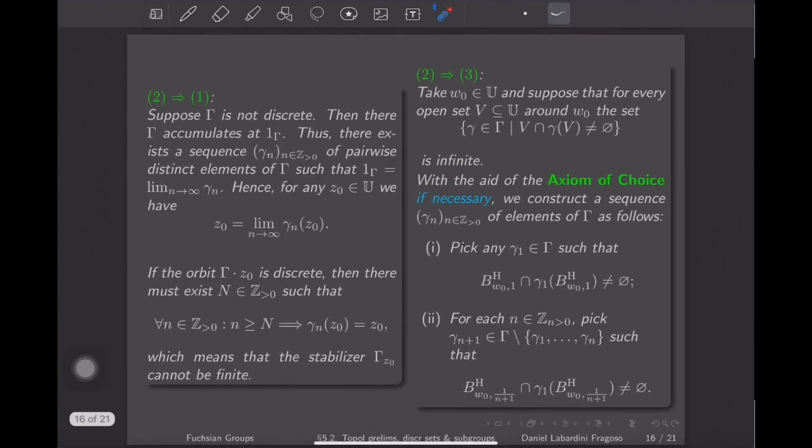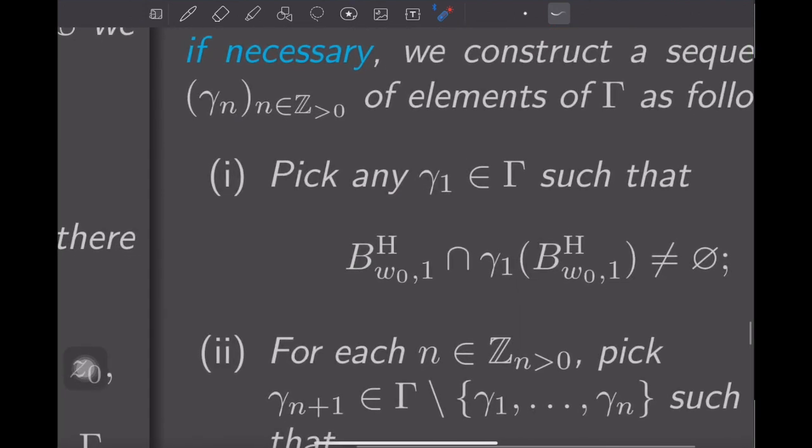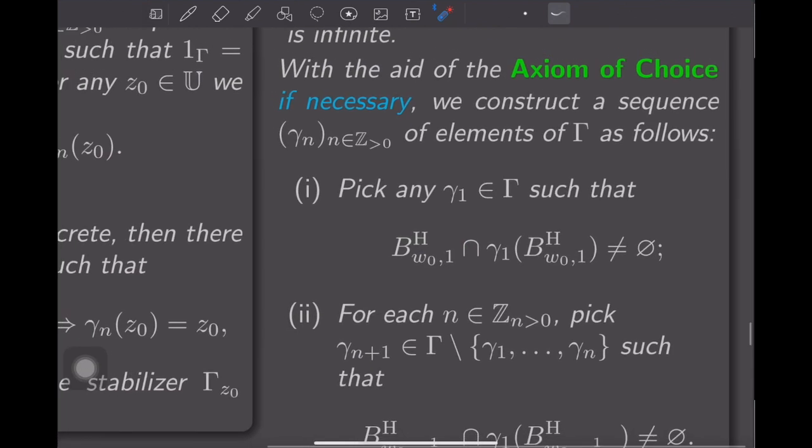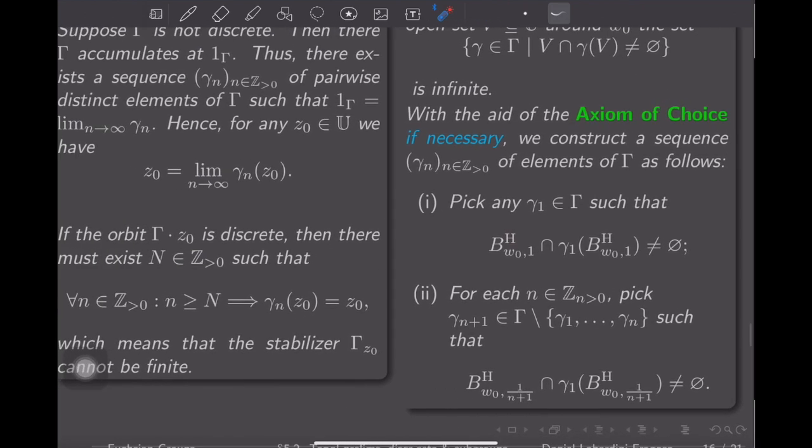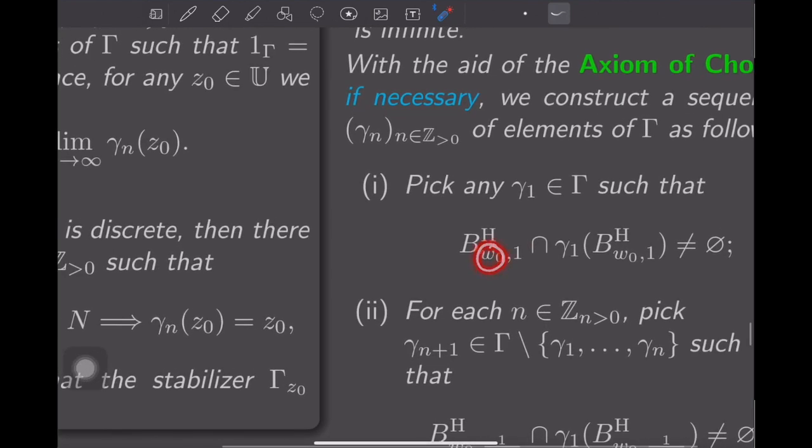So when I consider the open disk around W naught of radius 1, and here this H is just so that it's an open disk of radius 1 in the hyperbolic sense. So it's not Euclidean radius 1, it's hyperbolic radius 1 with this hyperbolic center.